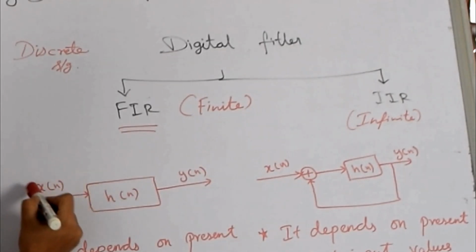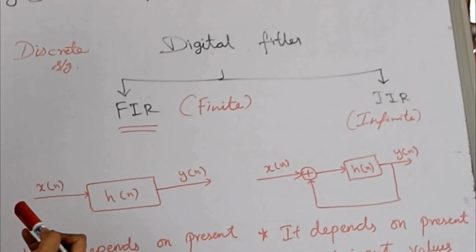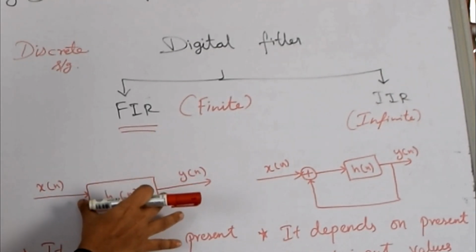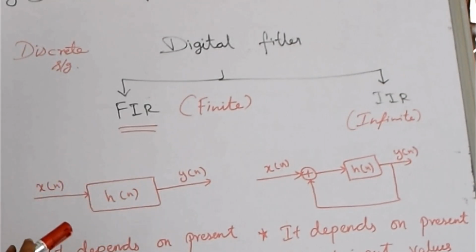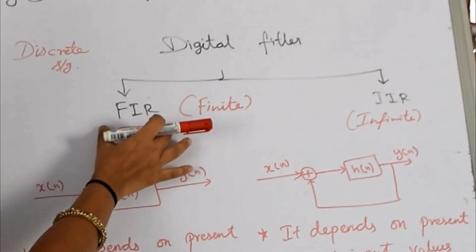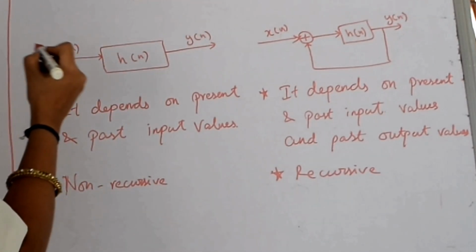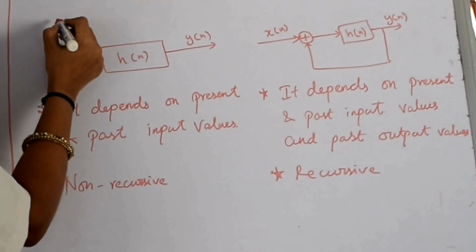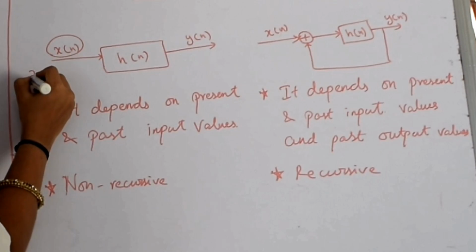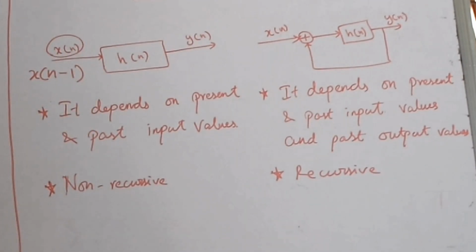Here we have X of n, which is the input signal, and Y of n, which is the output signal. For every system we will be having an impulse response, that is represented as H of n. When we consider FIR, the output Y of n depends only on the present and past input values. Here the present input value is X of n and the past input value can be represented as X of n minus 1.